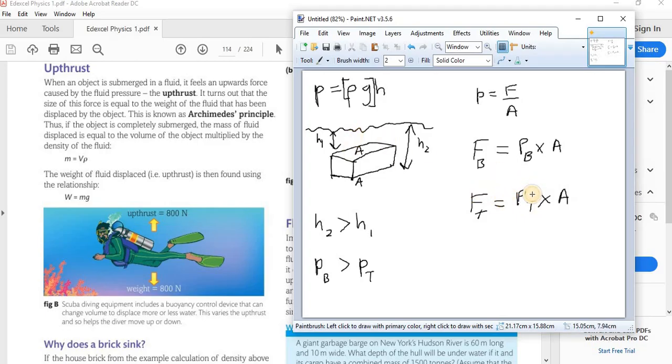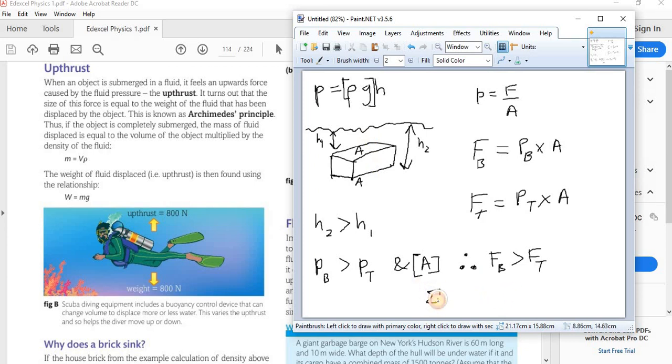Since the pressure at the bottom is greater than the pressure at the top, and the area is constant, therefore the force at the bottom is greater than the force at the top. Therefore there will be a difference in the forces, so we will have a resultant force. The resultant force then will be the upthrust.